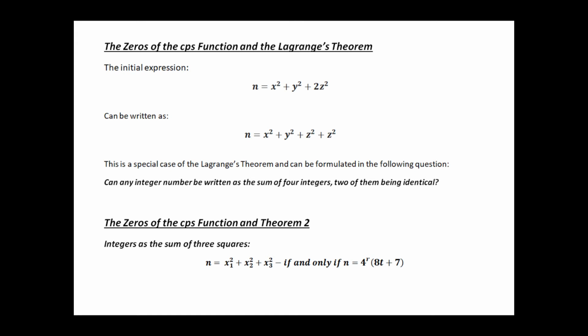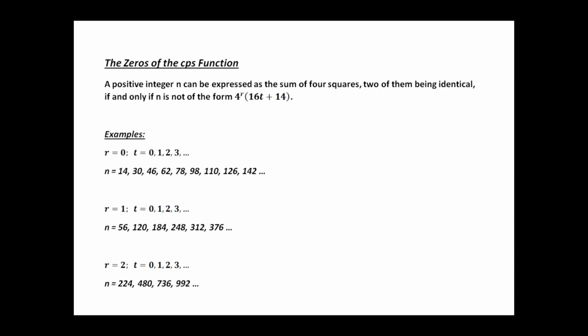So, our case is somewhere between the cases described by Theorem 1 and Theorem 2. With a bit of manipulation of the demonstration of Theorem 2, we arrive at our final conclusion. A positive integer n can be expressed as the sum of four squares, two of them being identical, if and only if n is not of the form 4^r multiplied by (16t plus 14).